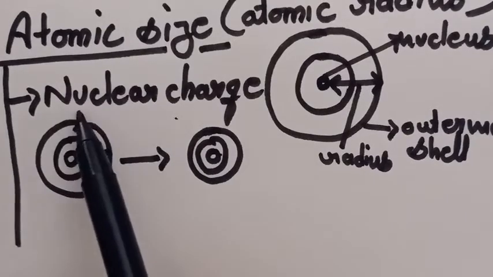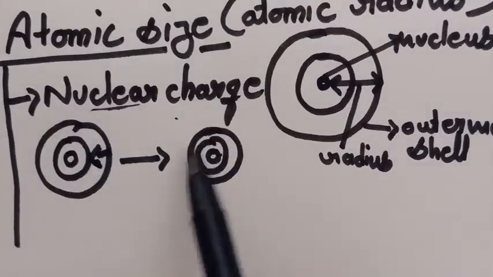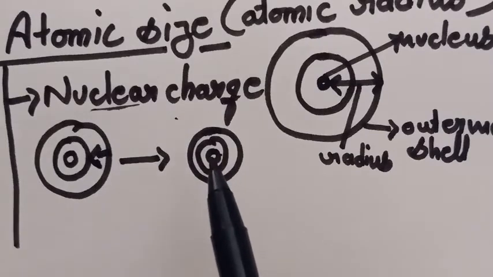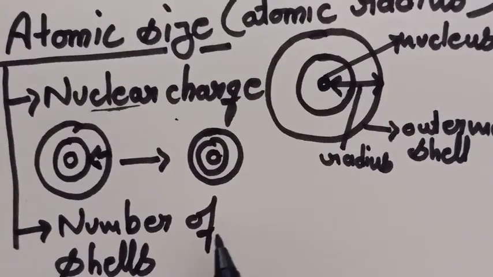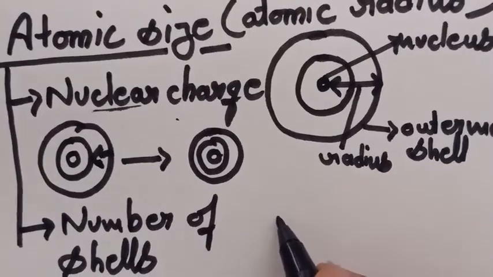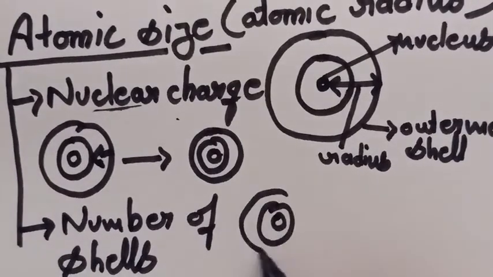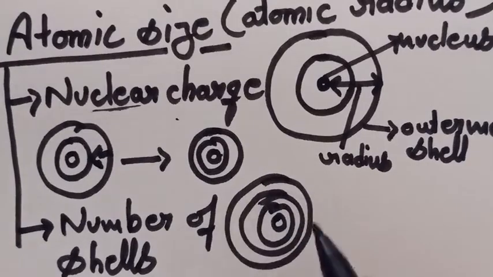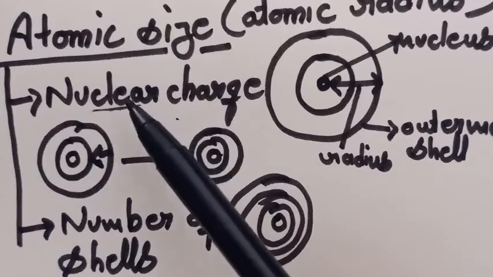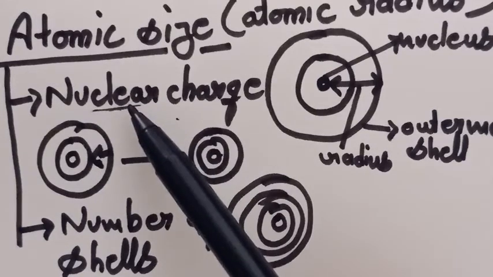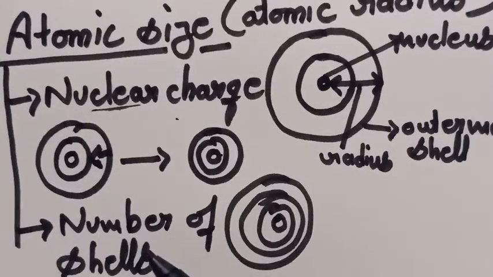So by increasing the nuclear charge, the atomic size decreases. The next factor is the number of shells. As we increase the number of shells, the atomic size automatically increases. So atomic size is inversely proportional to nuclear charge and directly proportional to the number of shells.